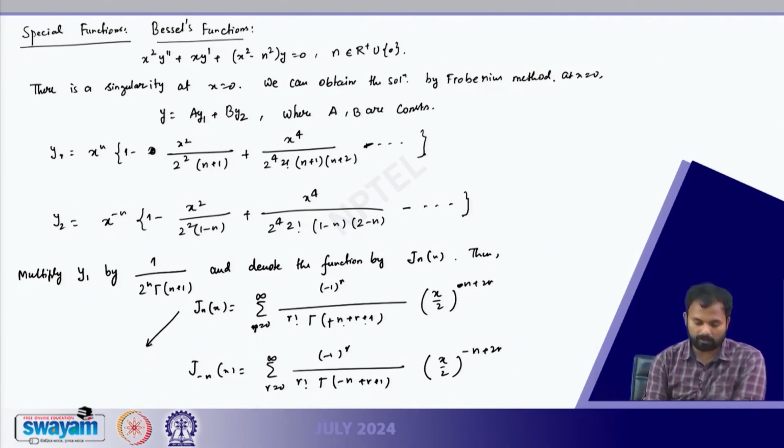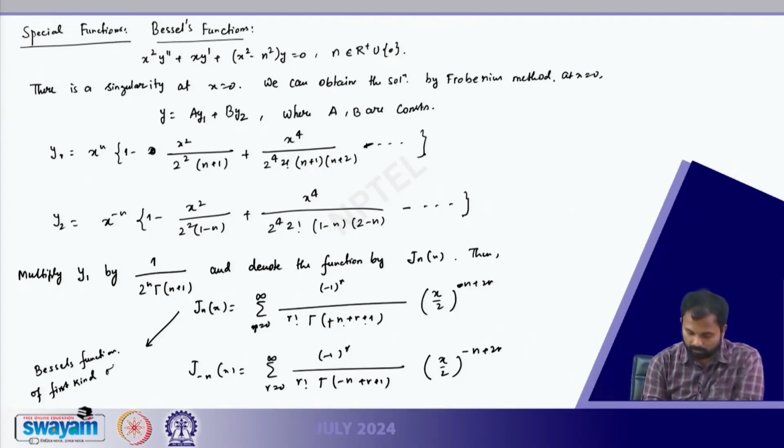Now, this is called Bessel's function of first kind of order n, and if n is not an integer, then this is basically our Bessel's function.